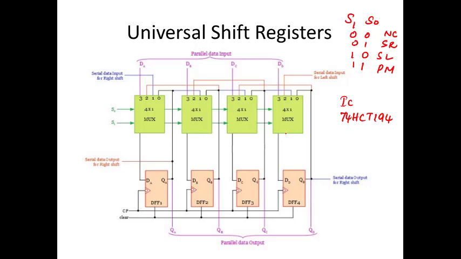That is a universal shift register. And we know for the shift right and shift left operations, whatever data is being fed, if it is the shift right operation, you will be feeding the data here.